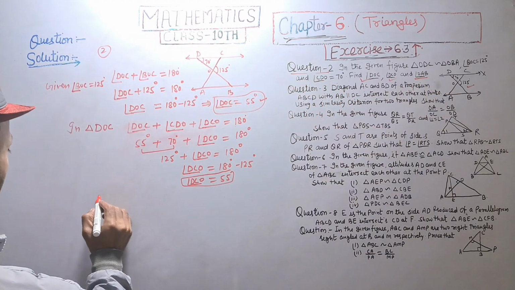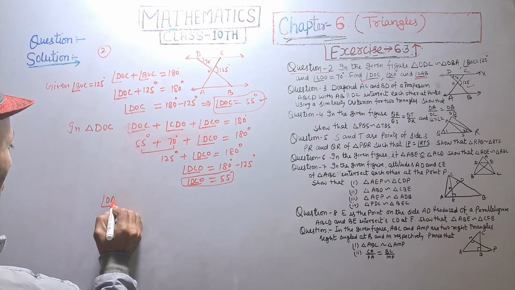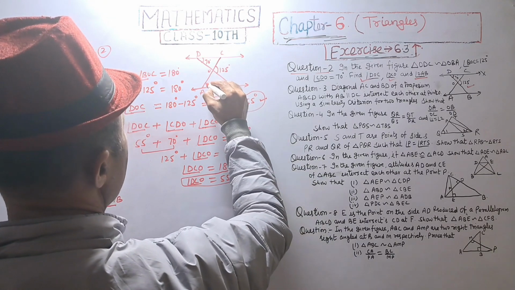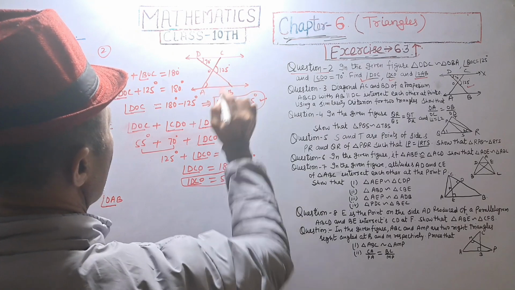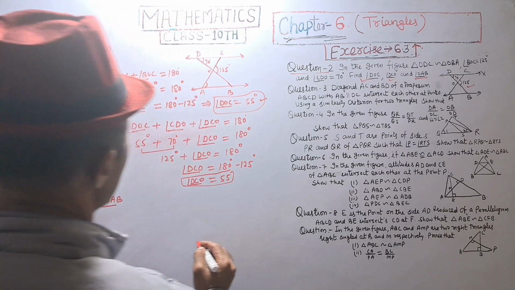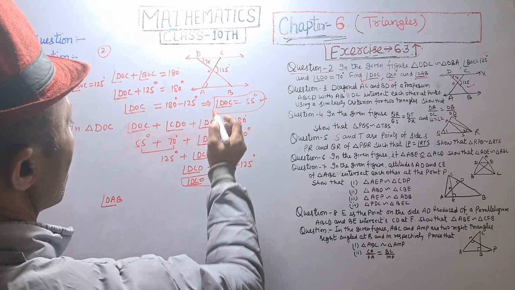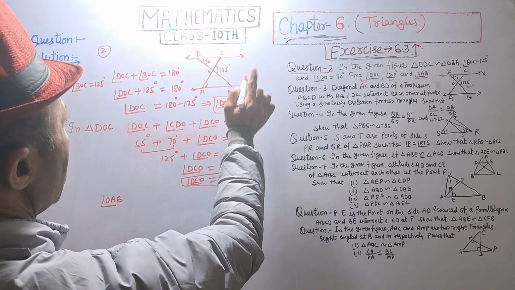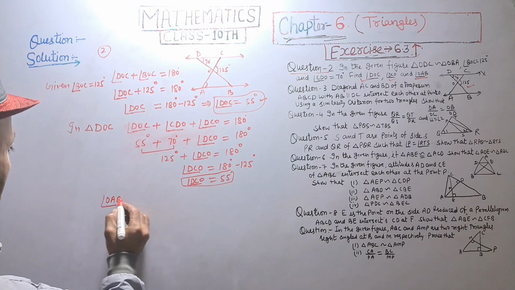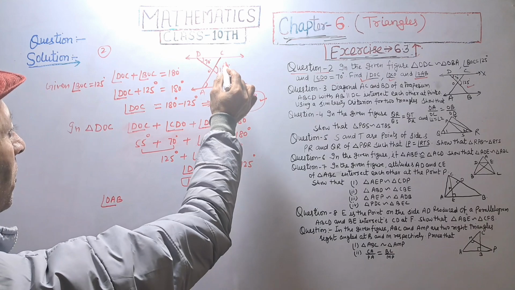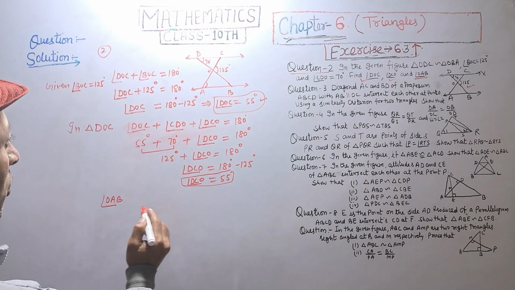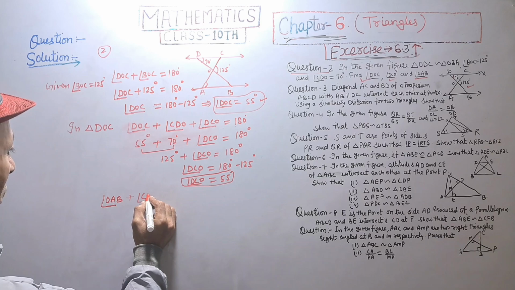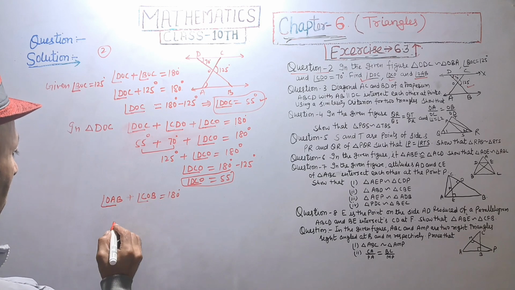And third, angle OAB. Angle COB plus angle OAB is equal to 180 degrees.